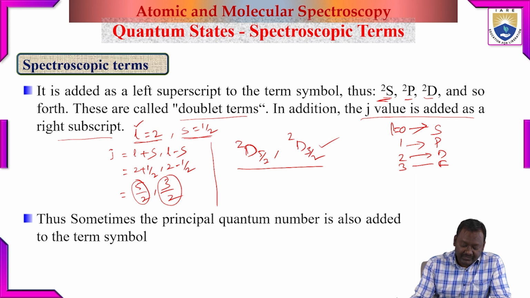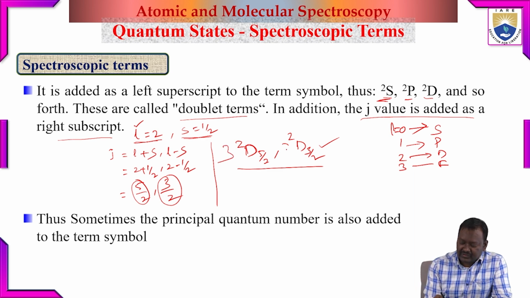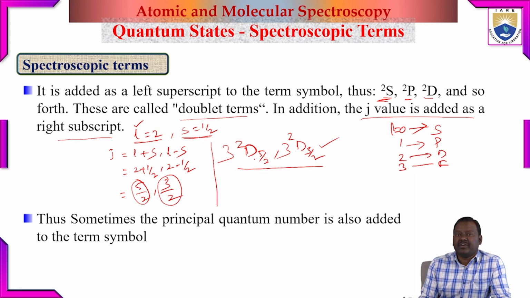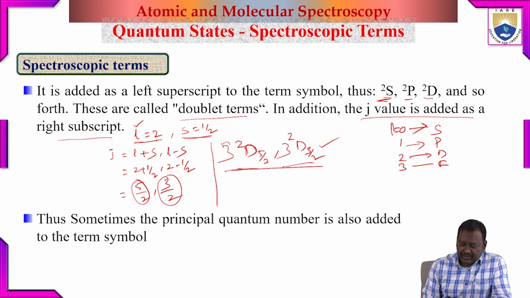And again, if the principal quantum number is 3, then we should indicate the principal quantum number in front of the spectral terms. Sometimes we call spectroscopic terms spectral terms also. So we should denote it like this. This is the principal quantum number.